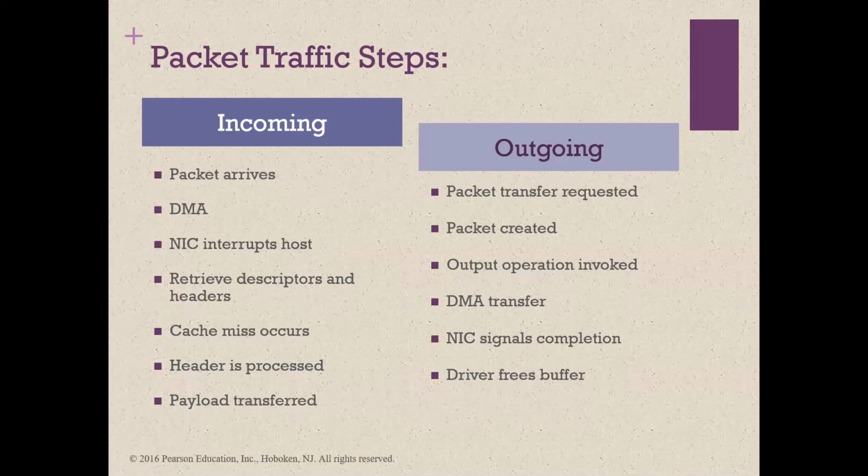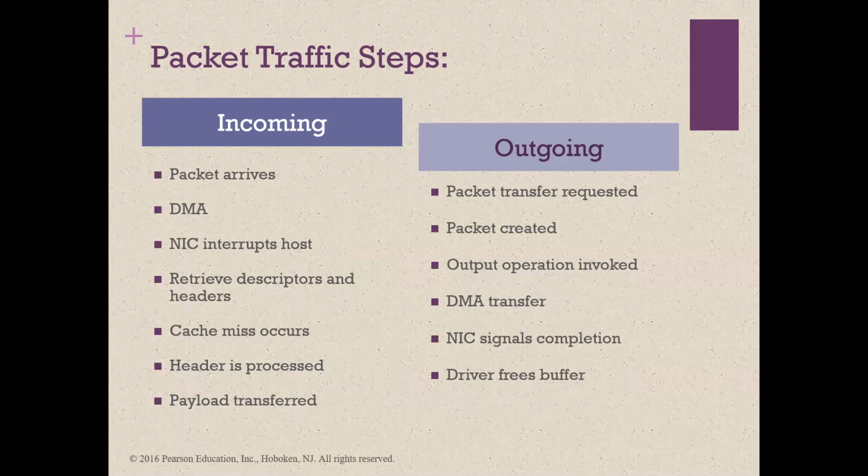You recall when we talked about the cache, we explained the cache miss. Because this is new data coming in, the cache lines corresponding to the system buffer containing the new data are invalidated.